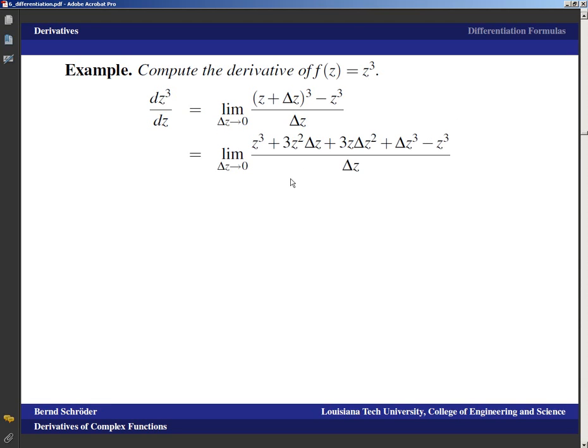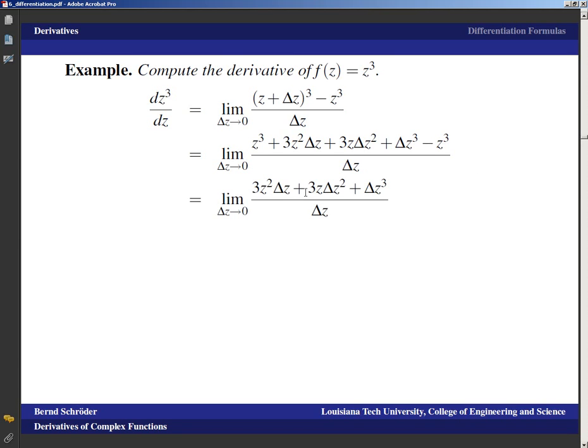First step, we multiply out the parentheses, so for cubes we get z cubed plus 3z squared delta z plus 3z (delta z) squared, plus (delta z) cubed, because delta z is considered a compound symbol. You typically don't put parentheses around that. The minus z cubed is still from the top, and then we divide by delta z. The z cubed and the minus z cubed go away.